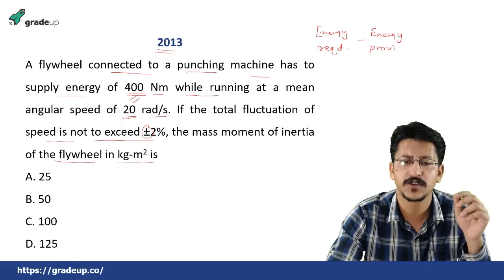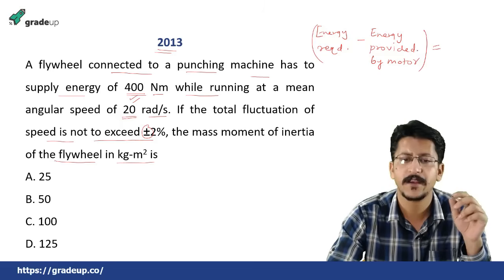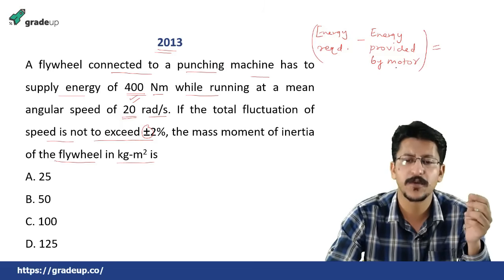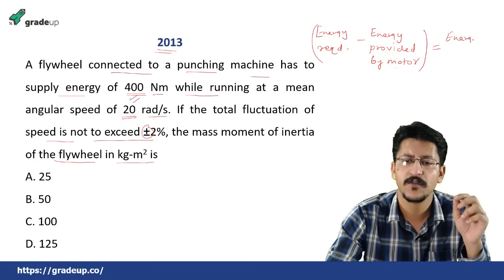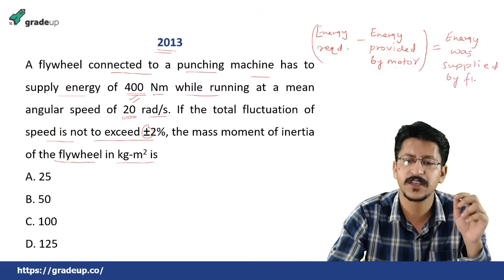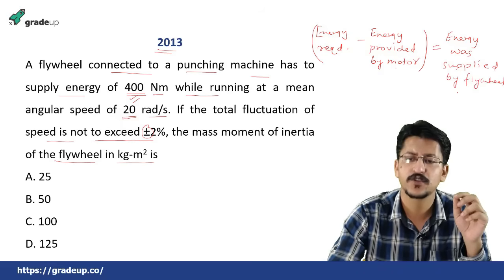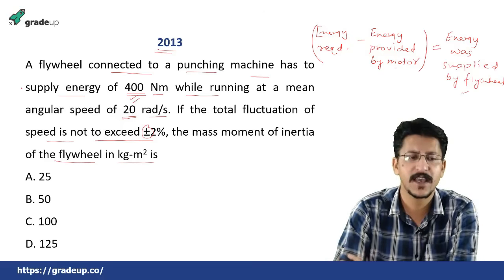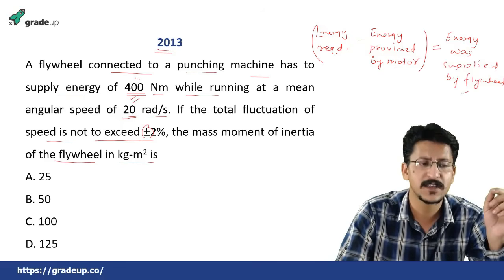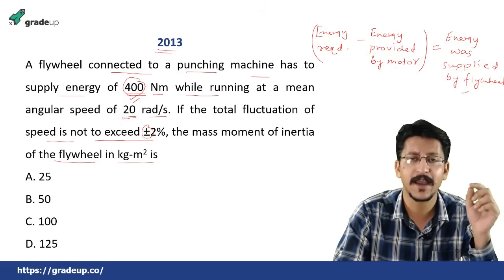Other than this, whatever was required and whatever the motor was not able to provide, that energy was supplied by the flywheel. That extra energy which is required and which could not be supplied by the motor has to be supplied by the flywheel. So in this case, it is given that this much energy is to be supplied by the flywheel.